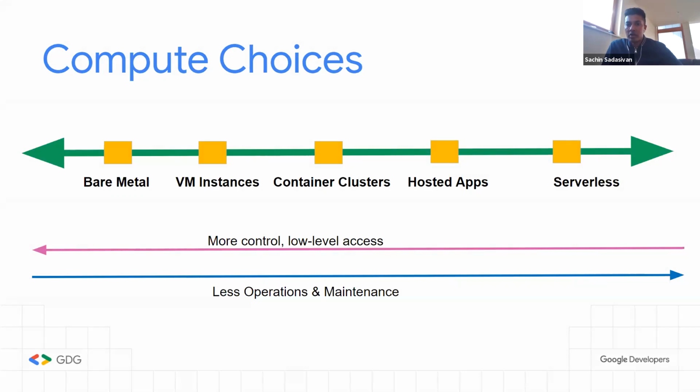The overhead is already taken care of by the cloud providers, and it's completely abstracted from you. So it's a decision taken during the development of your application: what is the right approach that suits you and your application within these compute choices.